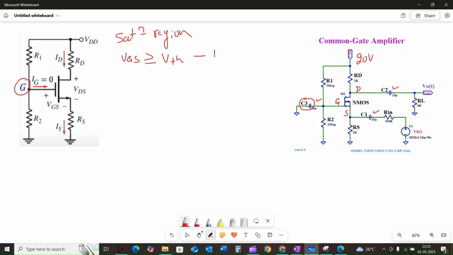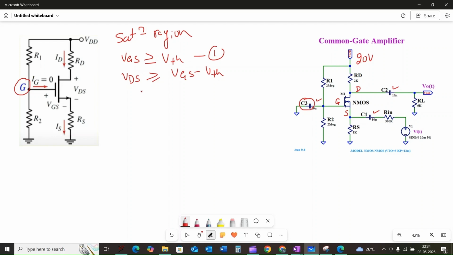The second is that VDS, the voltage between drain and source, is greater than or equal to VGS minus VTH. We will verify the conditions later.